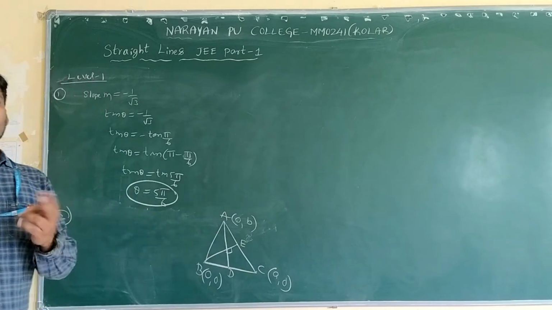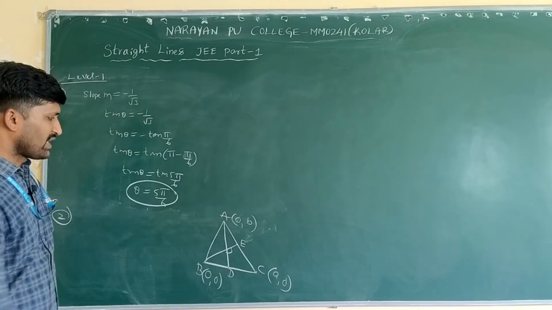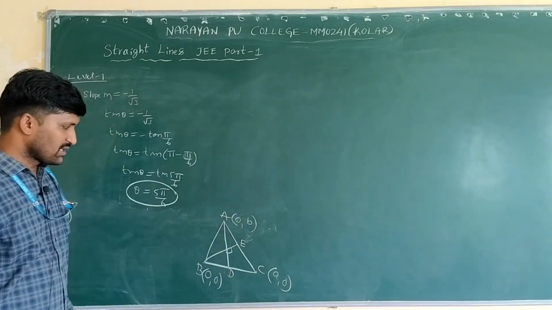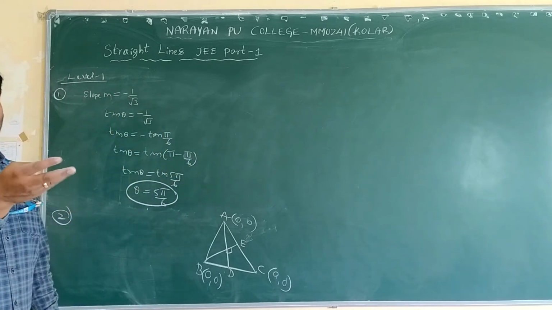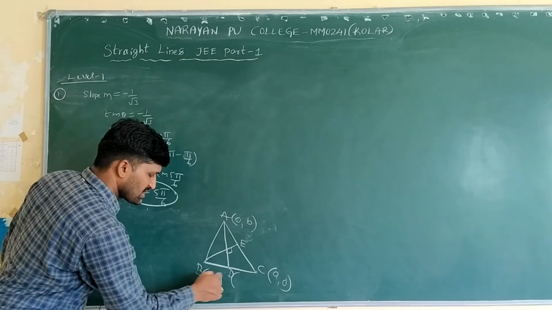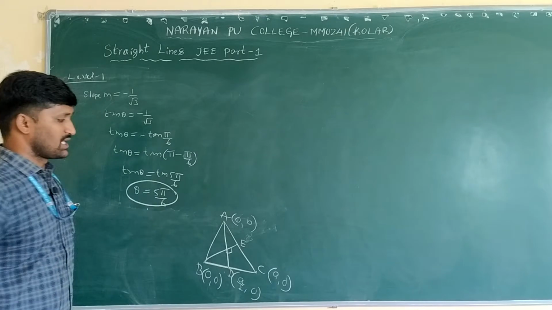Already we know that if two lines are perpendicular, the product of their slopes equals minus 1. For that, to find the slope of AD and BE, we don't know the point D. Here, what is a median? The line from a vertex to the midpoint of the opposite side. Here D is the midpoint of which side? BC. Find the midpoint of BC: (0 plus a) by 2, that is a by 2, comma (0 plus 0) by 2, that is 0.